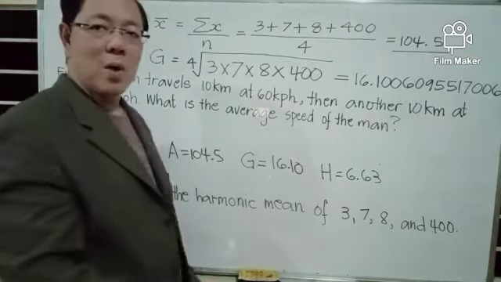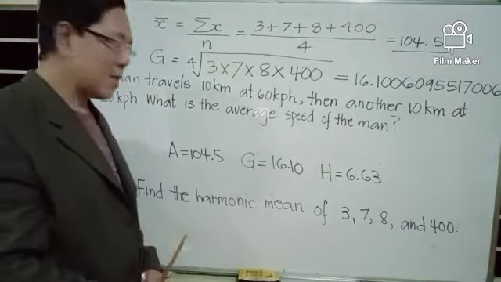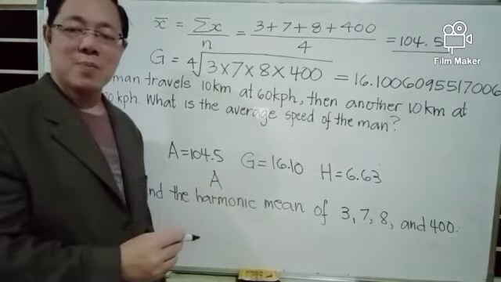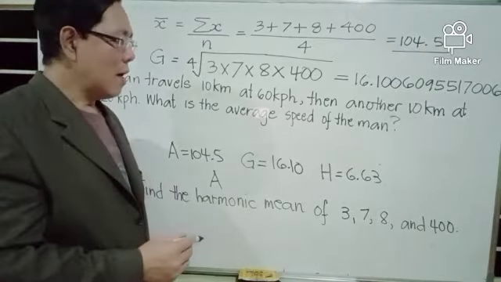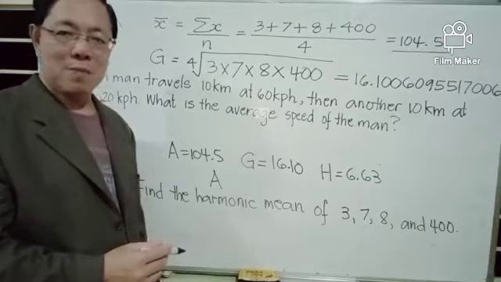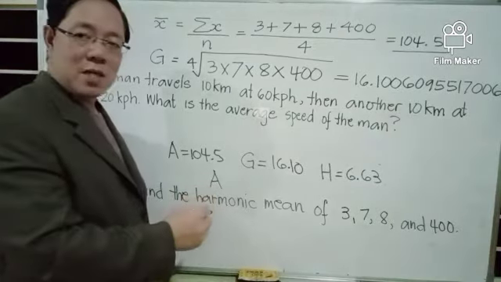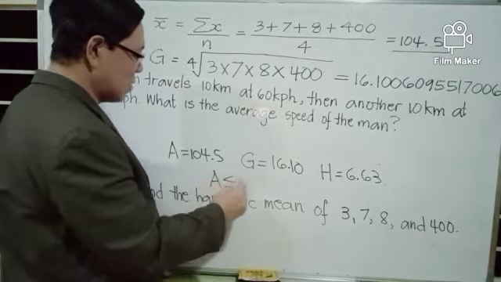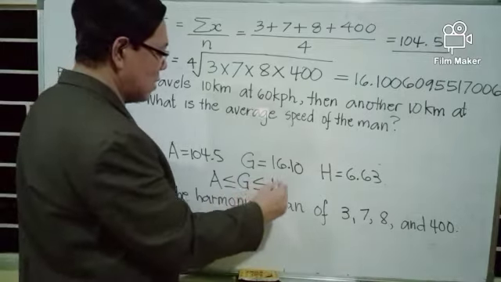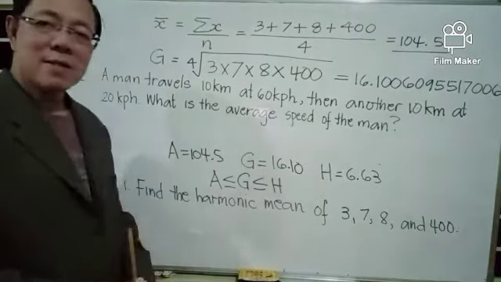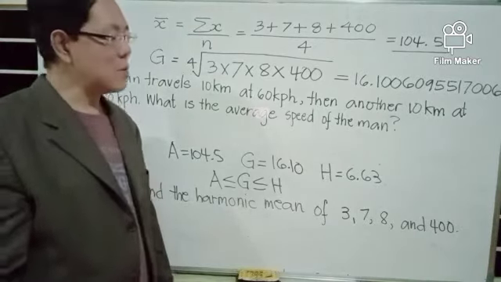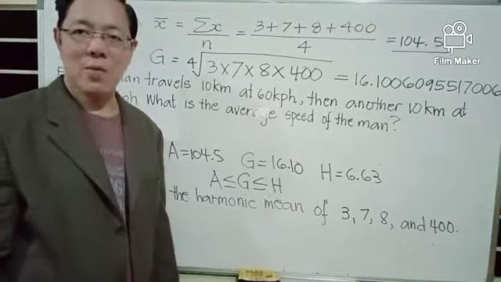In general, the arithmetic mean is always the largest value among the three means, and the harmonic mean is always the lowest. These three means would only be equal if all the values in the given set of data are equal.